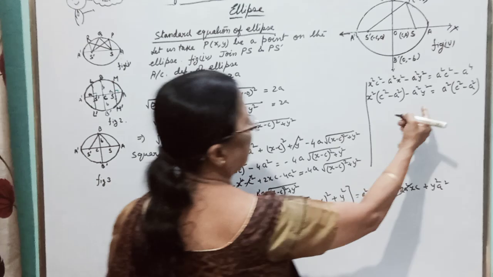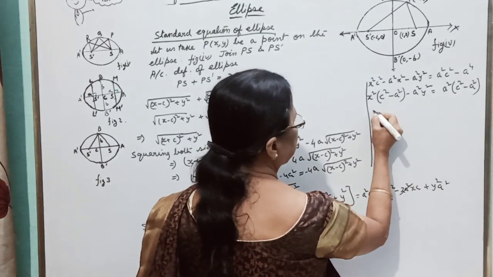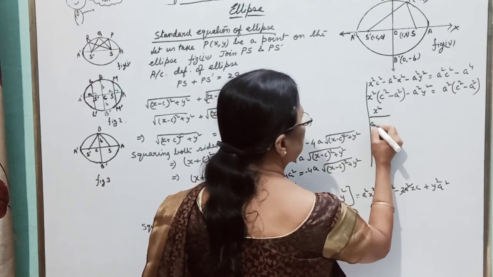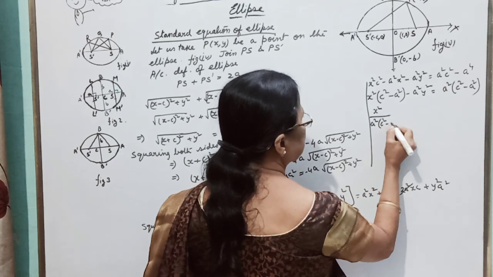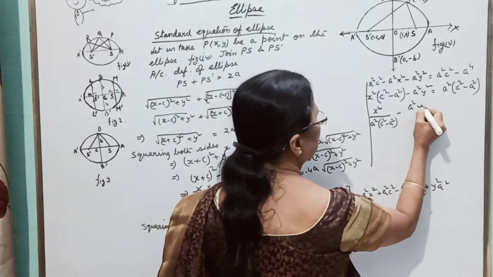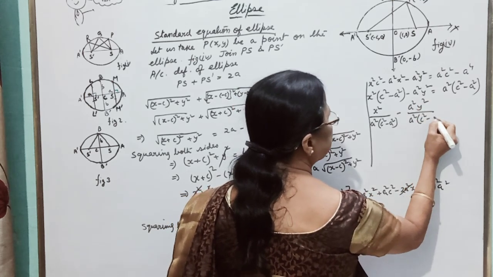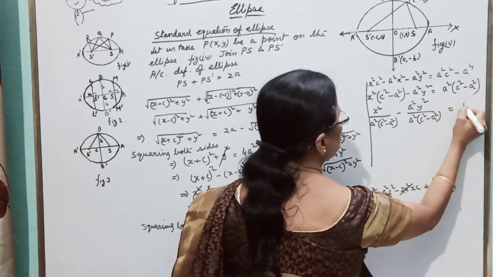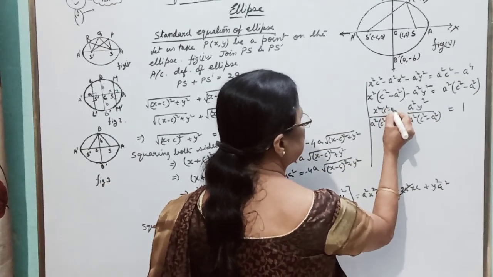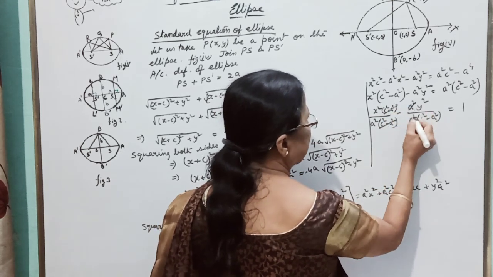Now divide it by a square into c square minus a square. So x square divided by a square, and this is minus a square y square divided by a square into c square minus a square, and this is equal to 1. So this is c square minus a square, so this cancels and this cancels.